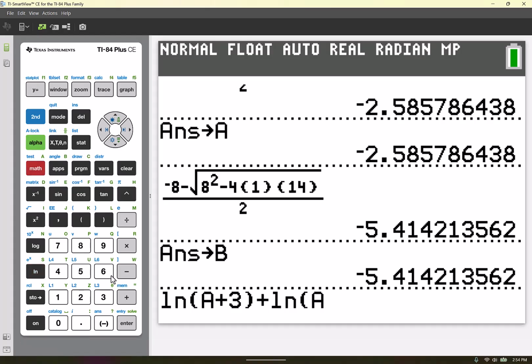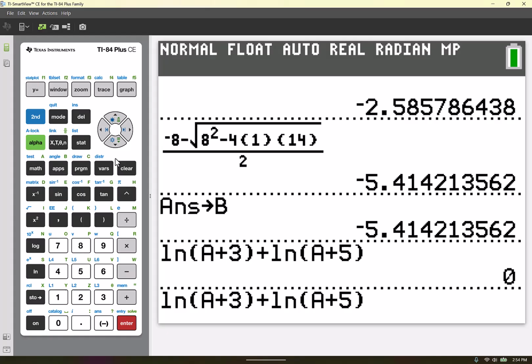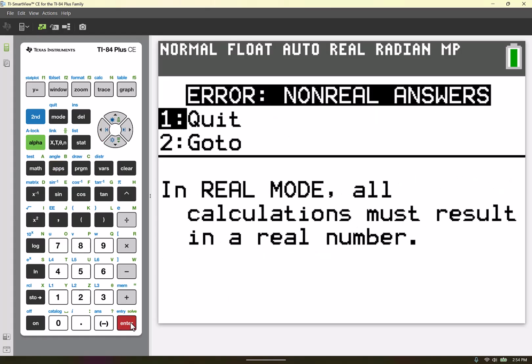Let's see, push enter. Yep, I get a 0. Let's try the B. It's going to give me an error because you can't be that number. See?